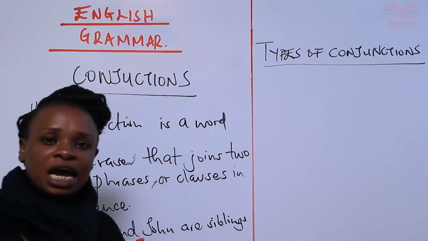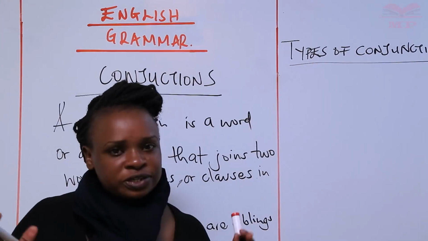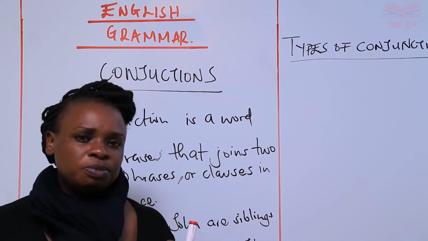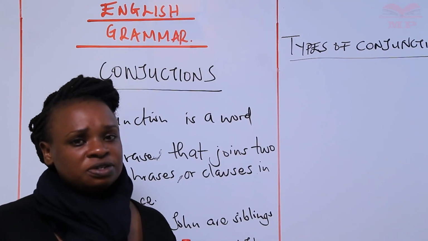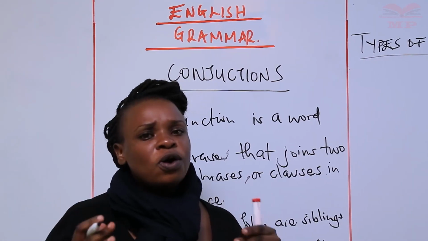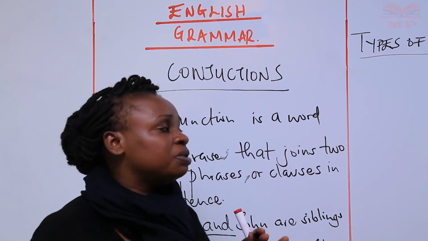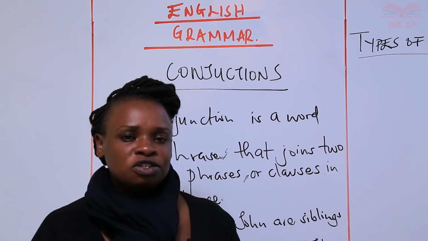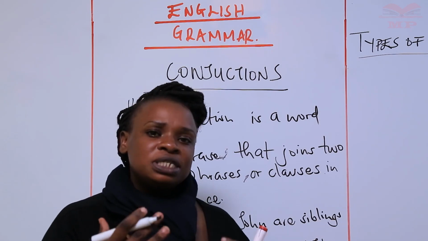Before I continue, our focus today is not just conjunctions per se, because I know in Form 1, Form 2, Form 3, you have talked about conjunctions. So my focus today is to teach on functions of conjunctions. And I cannot teach you on functions of conjunctions without mentioning the different types and how they function in sentences. So by mentioning the different types, you will see how they function.